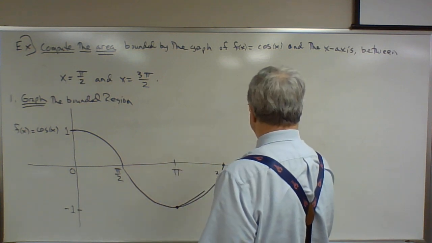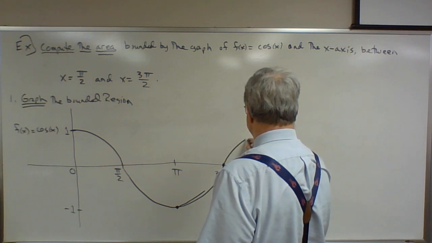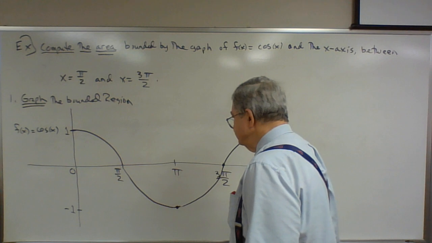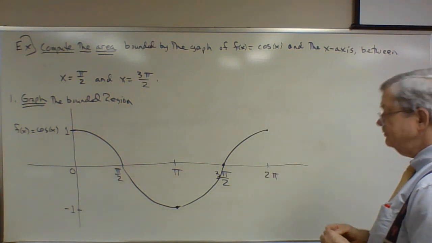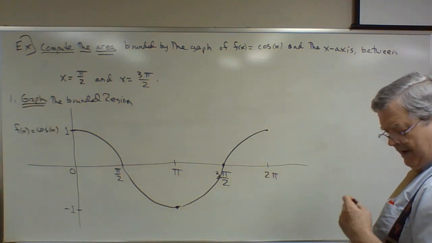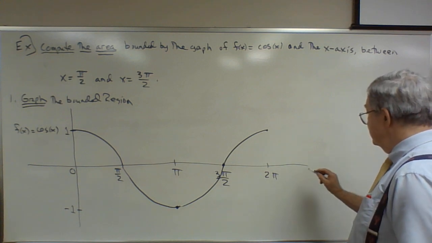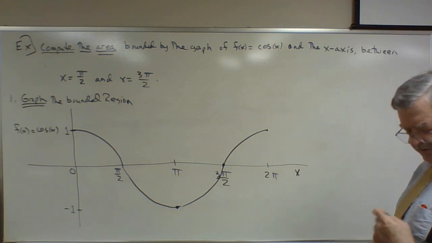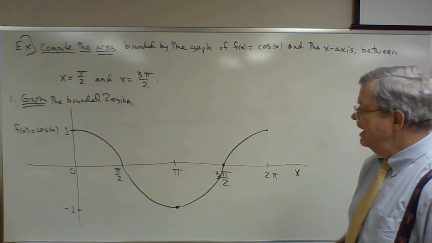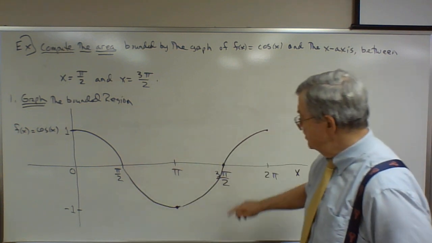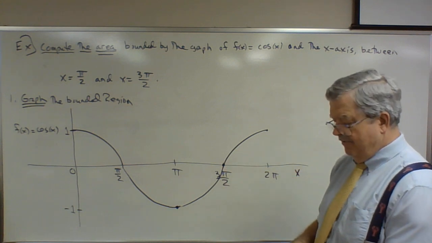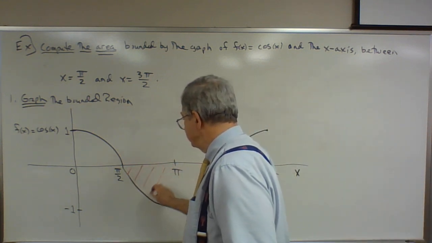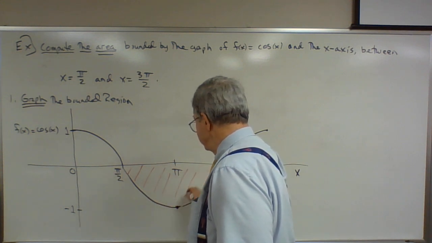And cosine of 2 pi is the same as cosine of 0, which is 1. We want the area bounded between the graph of cosine of x and the x-axis between x equals pi over 2 and 3 pi over 2. That's this region right here.